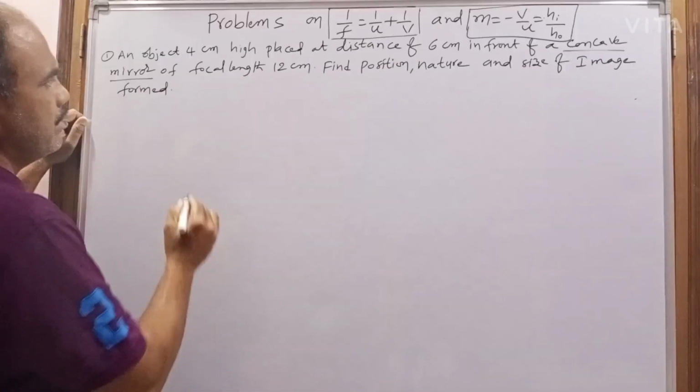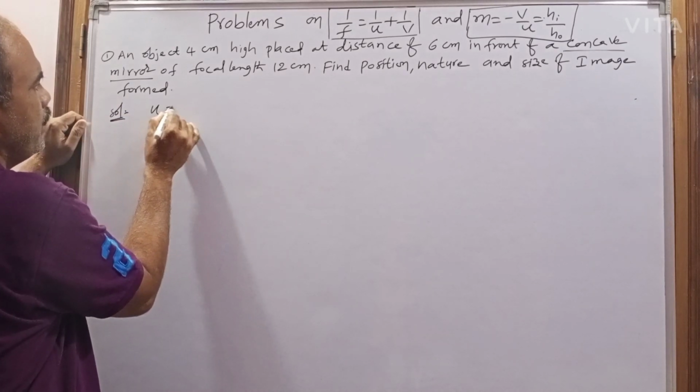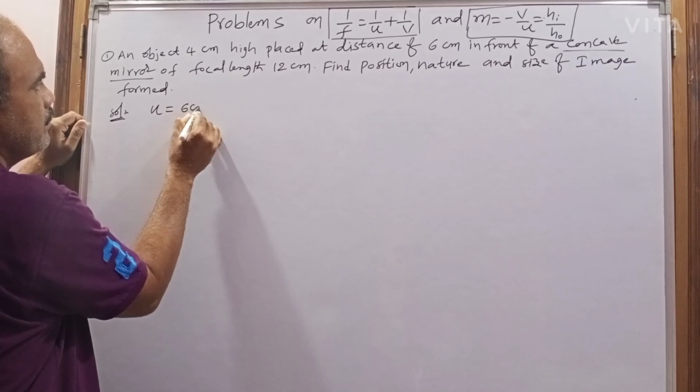In this problem, the object distance is given, the height is given, and the concave mirror's focal length is given. So first of all, we have to write the given data. The object distance is 6 cm, represented with the letter u, so u equals 6 cm.